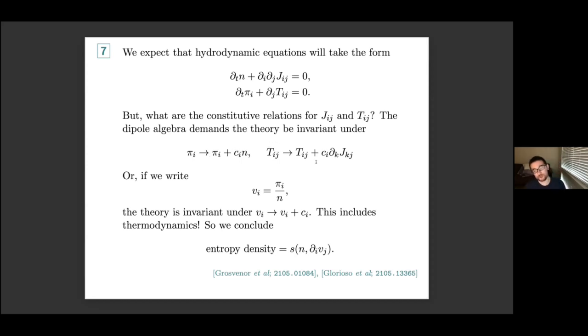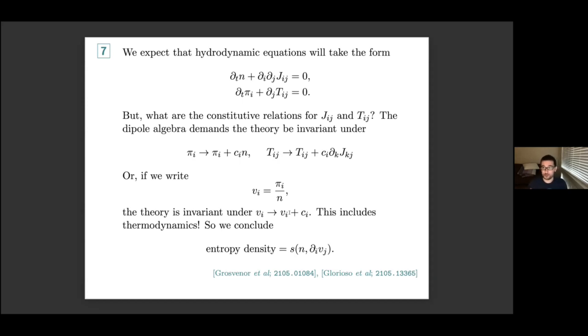It also implies a shift to the stress tensor, not maybe quite as interesting. But one thing we learn is that we should probably write the equations in terms of a velocity-like field, little v_i, which is going to be pi_i divided by density. This will shift by constants. And that means we kind of know what to do.